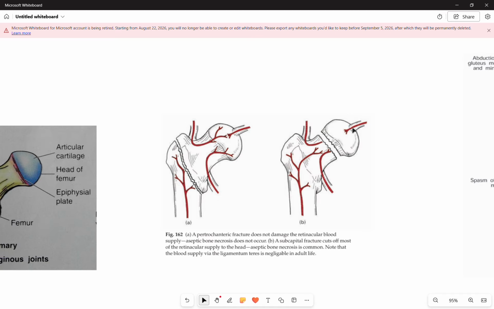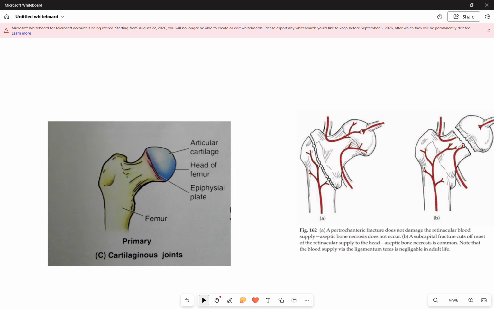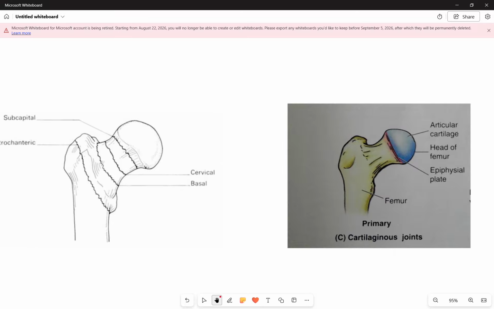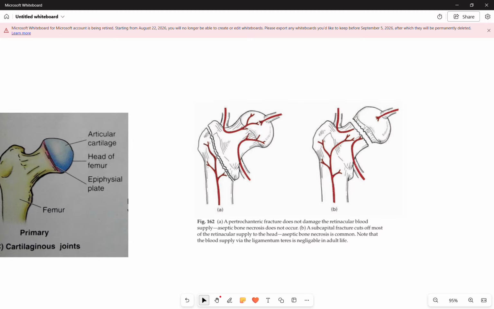There is blood supply coming from the ligamentum teres to the head, blood supply coming from the shaft, and blood supply coming from the capsule.